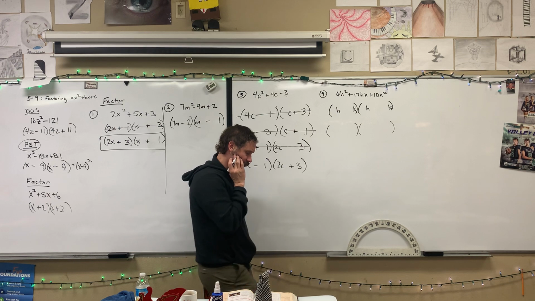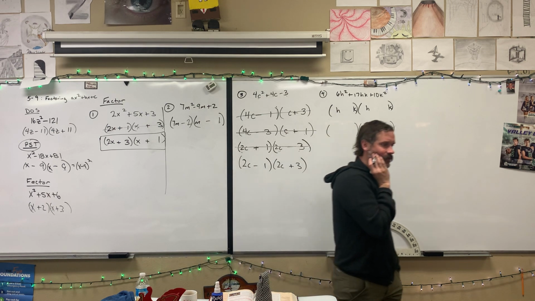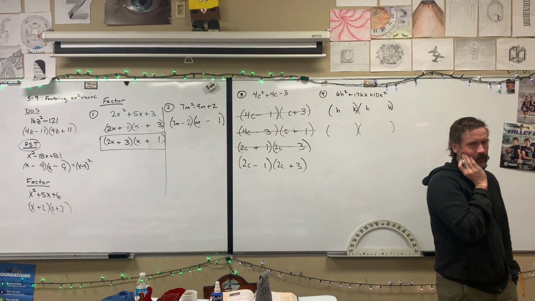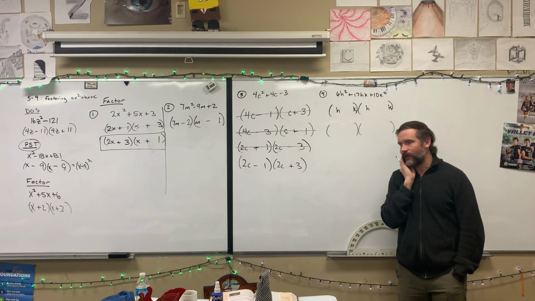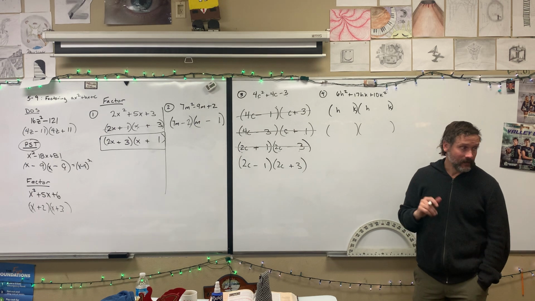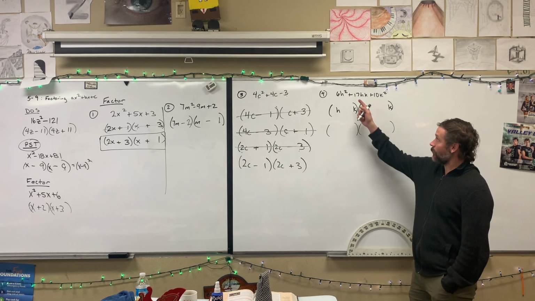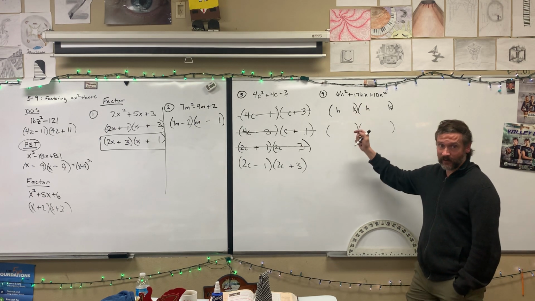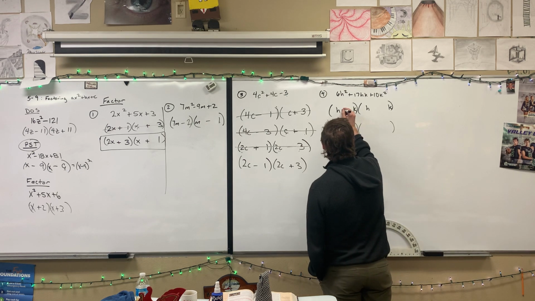But hopefully, as you do this, it may not be correct, but you can at least get what times what gives you 6 and what times what gives you 10. You can at least do that. We do like when it's plus plus, because what do we know our signs are going to be? Plus plus. We don't have to think about it too hard.